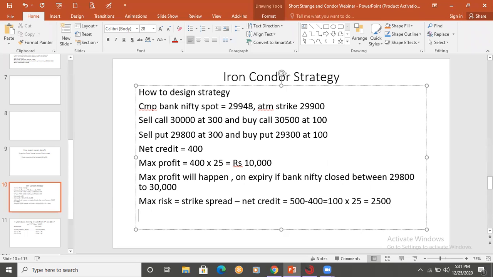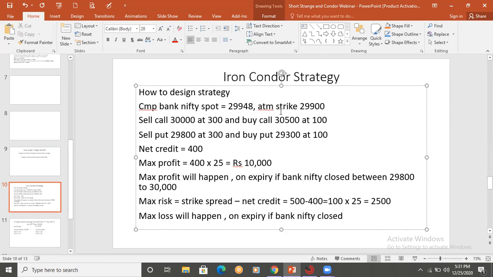Now you need to understand when this maximum loss will happen. See, maximum loss will happen on expiry if Bank Nifty closes beyond the strikes which we have bought. So you can see we have bought the 30,500 call and the 29,300 put.